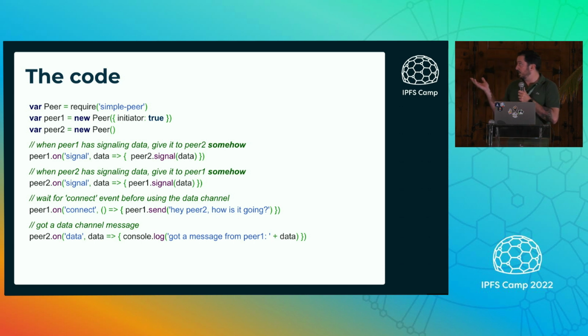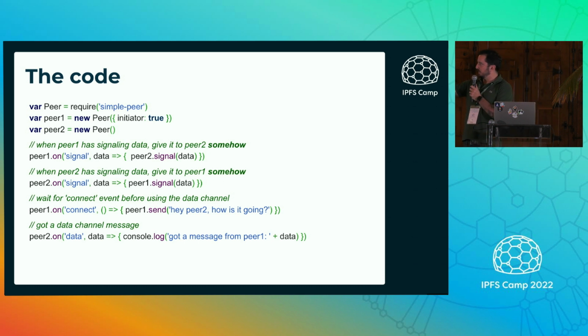In a quick JavaScript way, with a dependency called simple-peer, we instantiate a peer and set the initiator flag to true on it. Whenever it emits the signal event, we have the offer. We need somehow to make that offer available to the instance of peer 2.